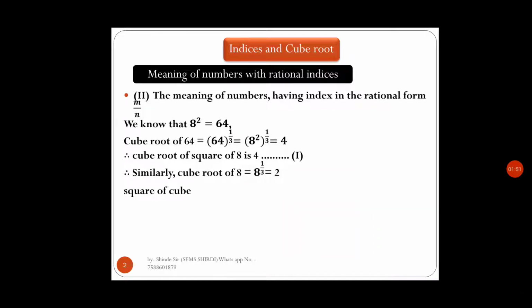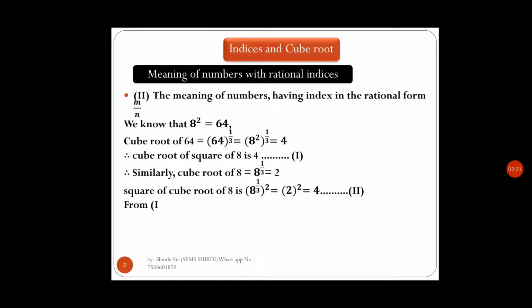Now, the square of the cube root of 8 means in brackets 8 raised to 1 by 3, bracket square, is equal to 2 square, which is 4. Statement number second.